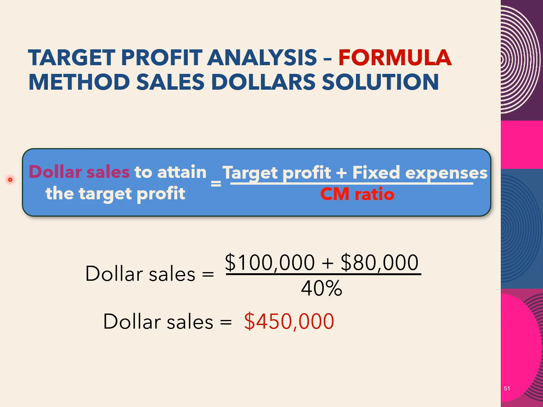You set dollar sales to attain the target profit equal to target profit plus fixed expenses divided by contribution margin ratio. In our case, our target profit is $100,000 and our fixed expenses are $80,000. Add these two numbers together and divide by the 40% contribution margin ratio, and you will get dollar sales of $450,000.